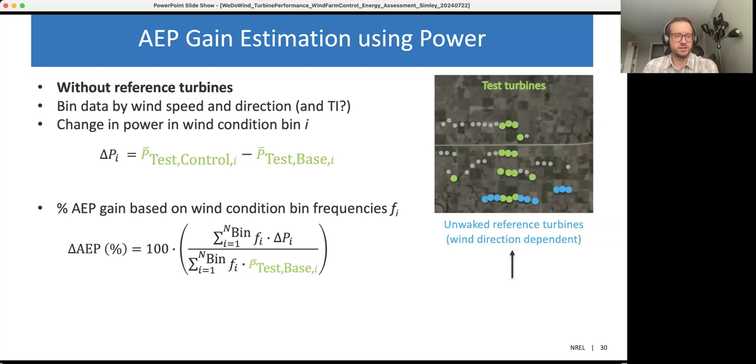So here to look at the change in power for a given wind speed and direction bin, we just take the average power of the test turbines during the control periods minus the average power of the test turbines during baseline control periods. And then using that we can come up with the percent change in AEP.